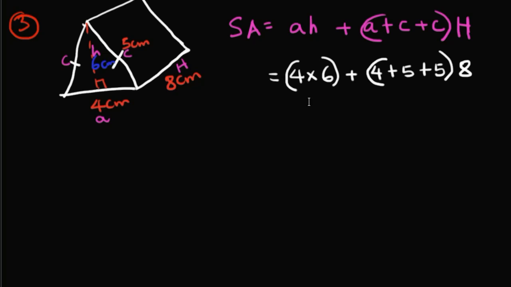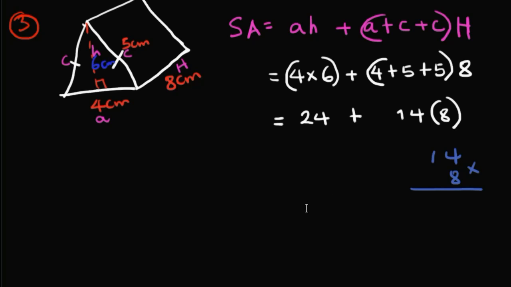So moving on, we get 4 times 6, which is 24. 4 plus 5 plus 5, that is 14, times 8. Let's check what is 14 times 8. 4 times 8 is 32.